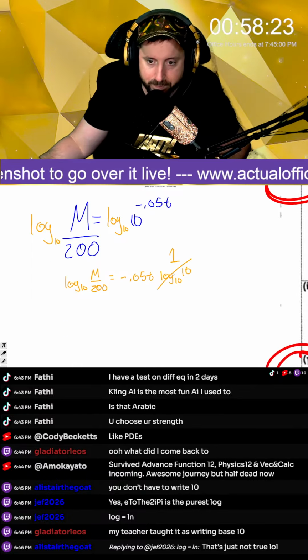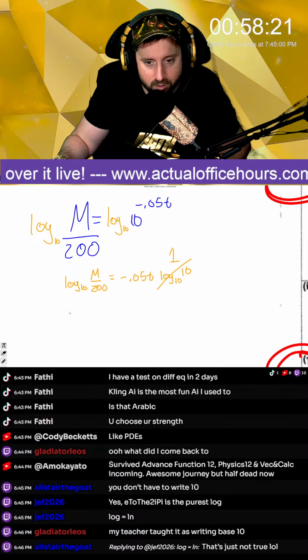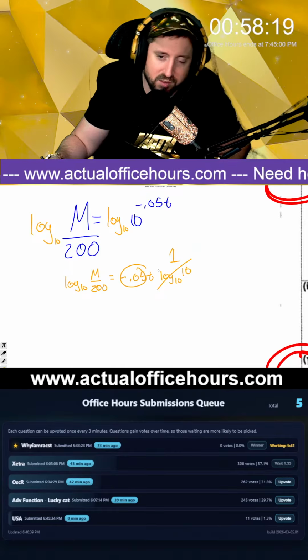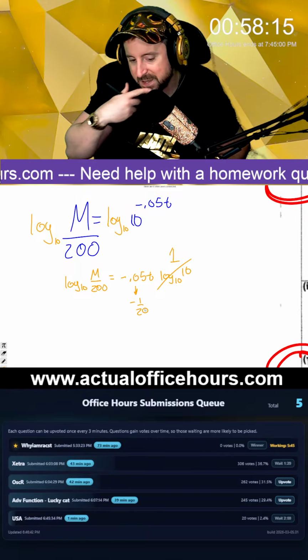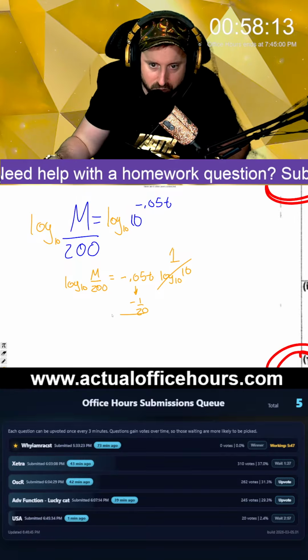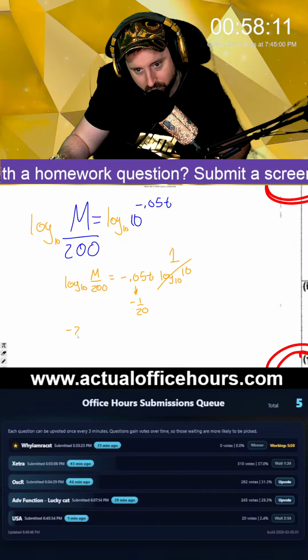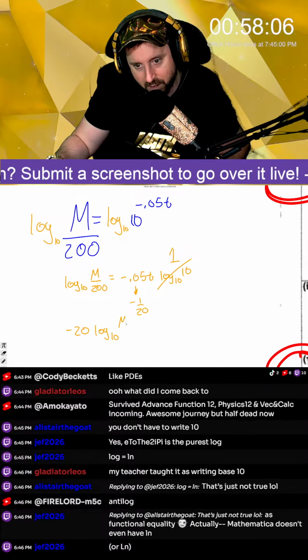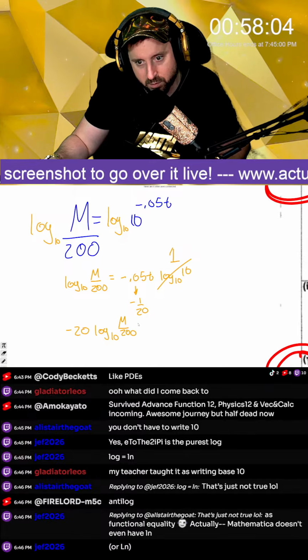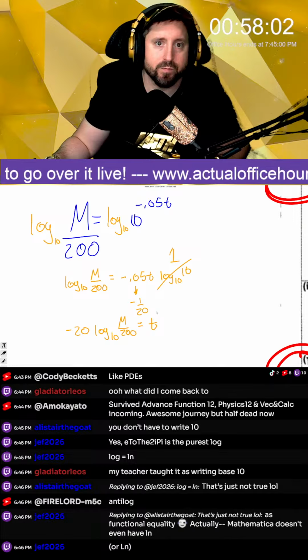Love that. Okay, so then you just divide. And so this is the same thing as negative 1 over 20. Because now I can just multiply this by negative 20. So negative 20 log base 10 of m over 200 is equal to t.